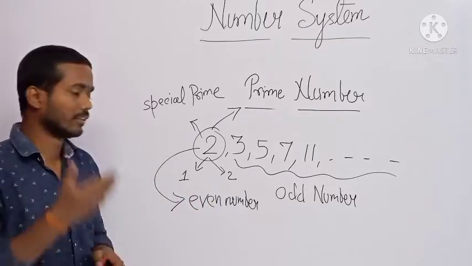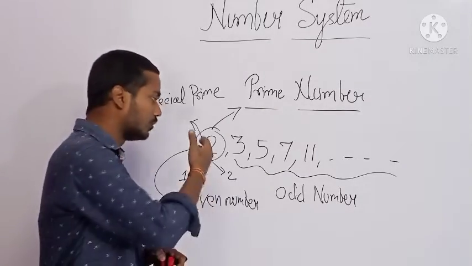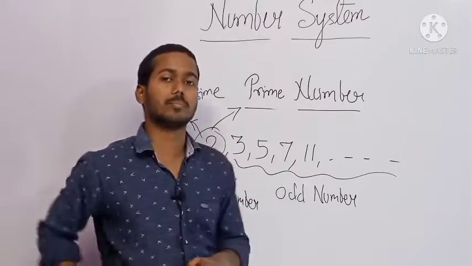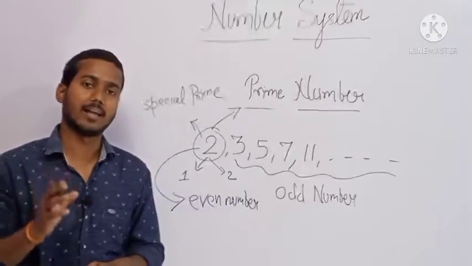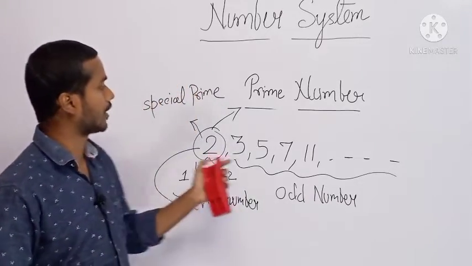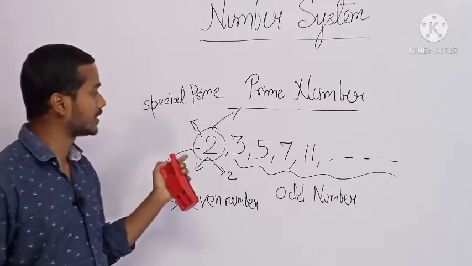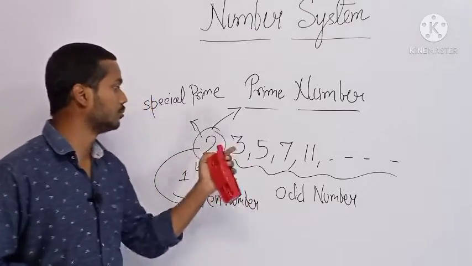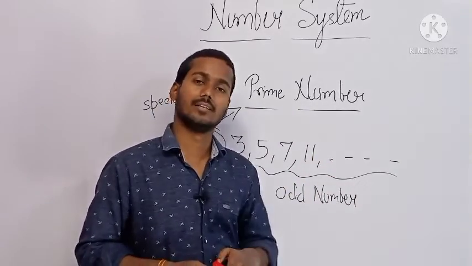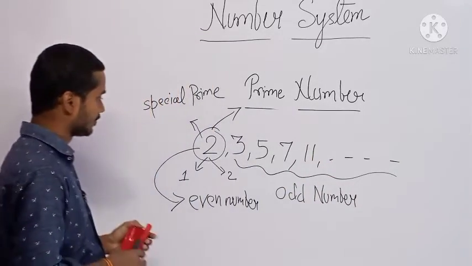The prime numbers start from 2, and after 2 the rest of the prime numbers can never be even, right? After 2, all the remaining prime numbers are odd numbers, right?